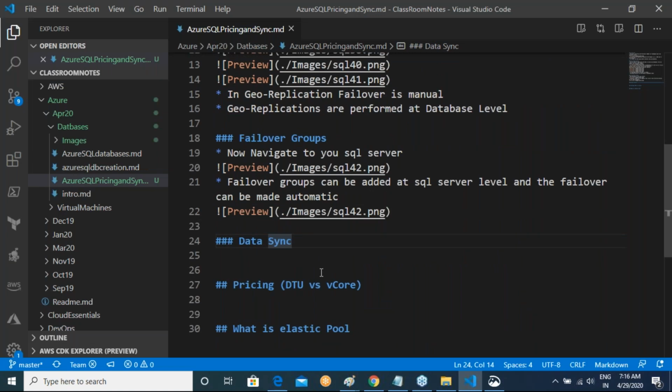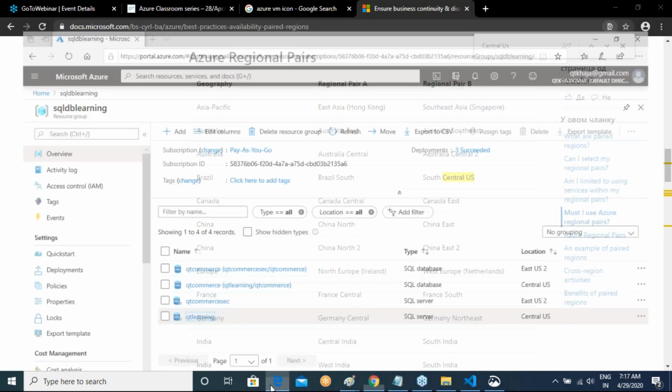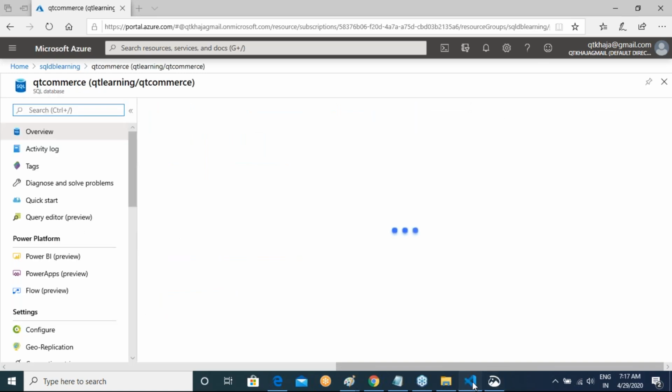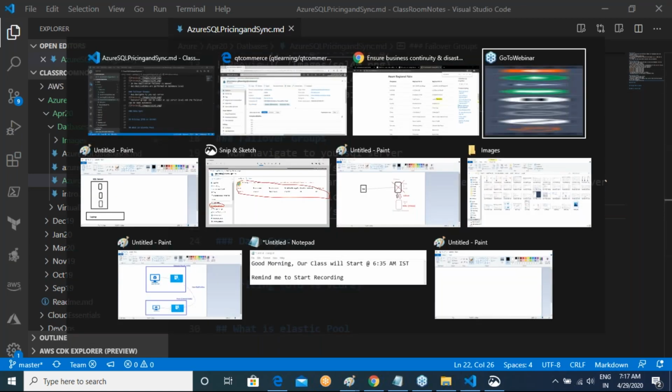Now I have to speak about Azure Data Sync. So let us go back to database again. I'll go to the database which belongs to Central US. Now I have a different kind of a challenge.